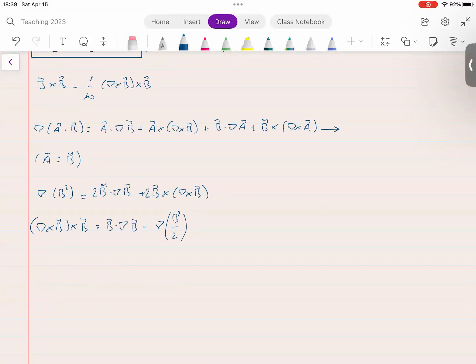Or that J cross B, bringing in the mu naught, is equal to 1 over mu naught B dot grad B minus the gradient of B squared over 2 mu naught.